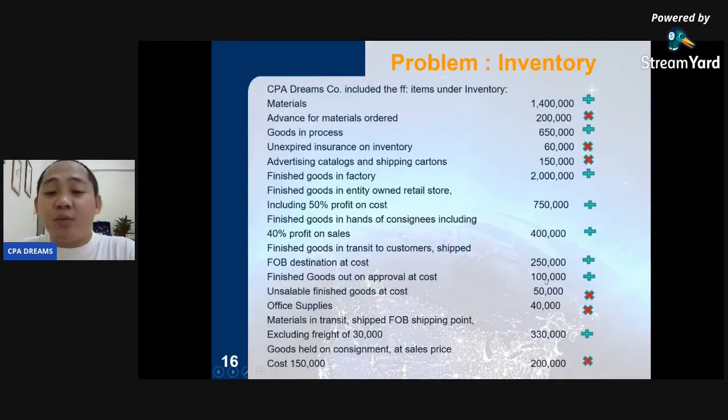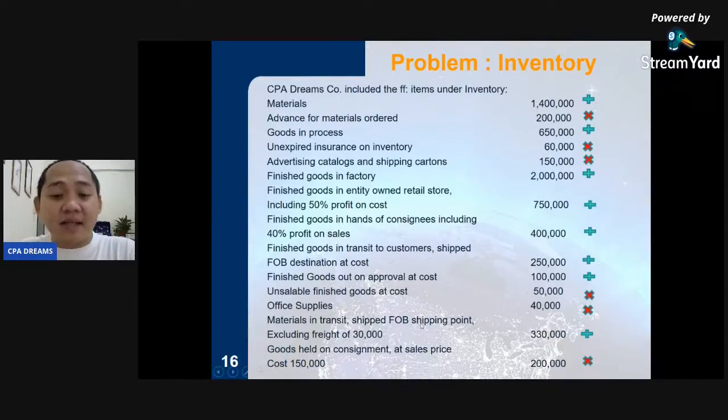Finished goods out on approval cost. Nasa approval pa lang, for approval, so walang passing of title, kasama yan sa inventory natin. Unsaleable finished goods, hindi na siya kasama kasi from the word itself, unsaleable. Office supplies, that is expense, 40,000.